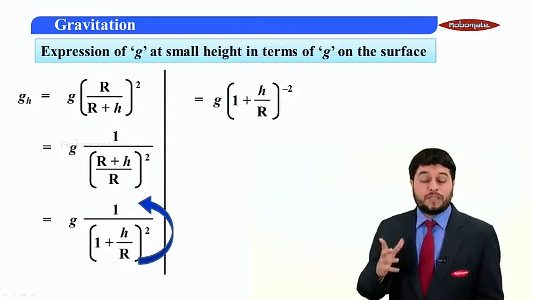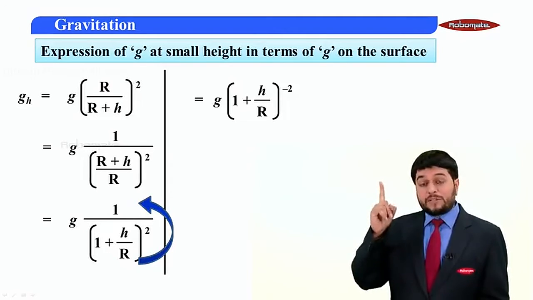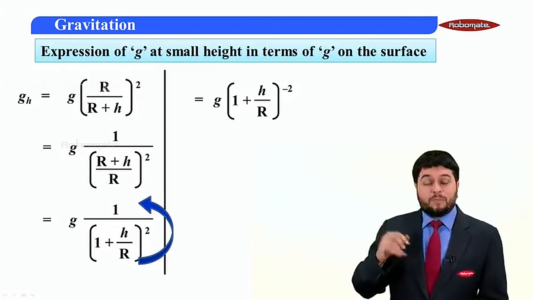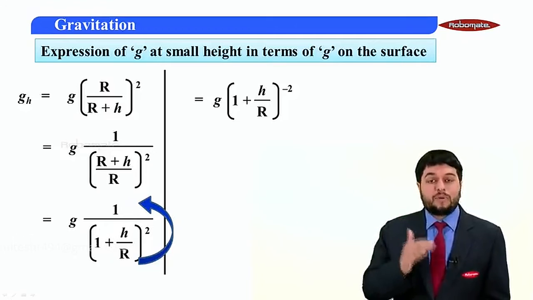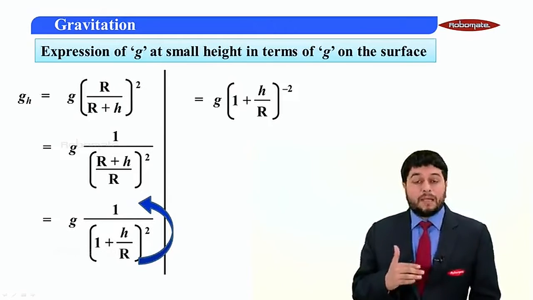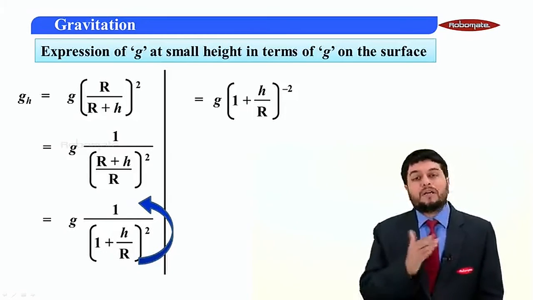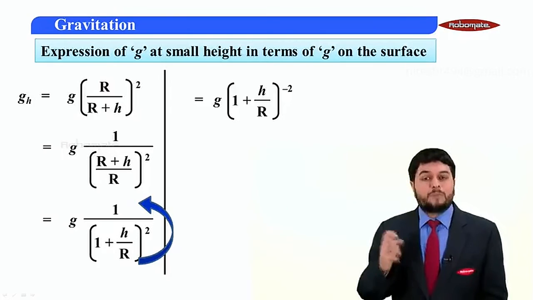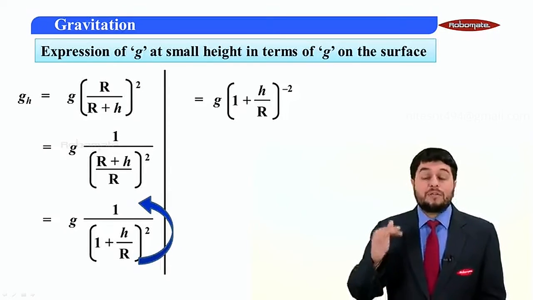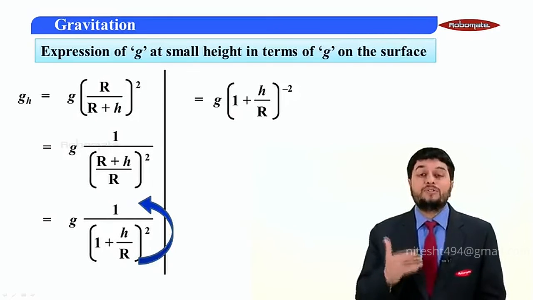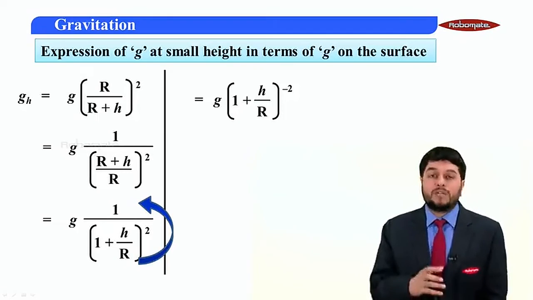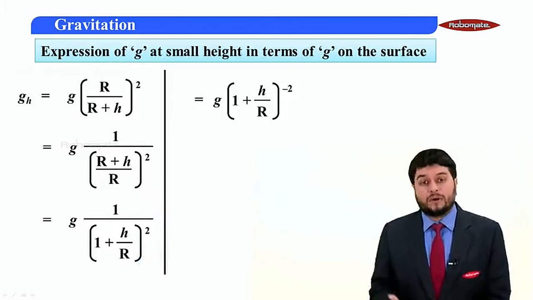Since the power is negative, the first term would be positive, second would be negative, then positive, negative, and so on, and it would just go on increasing with the powers. Means the expression would be 1 minus 2 times h by R plus (h by R) raised to 2, then minus (h by R) raised to 3, and so on.